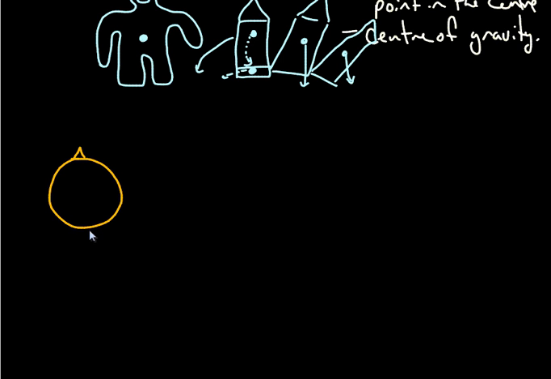We'll have a star or something, and let's say that going around this star is some planet. And we know that from center to center, we have some radius value. It's a really ugly line. Let's put a nice one.